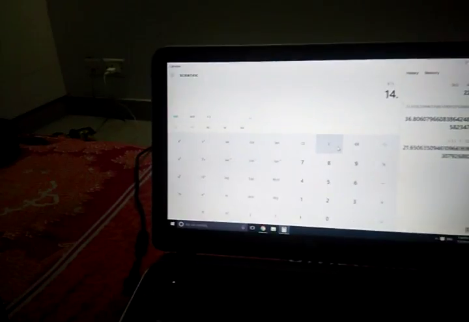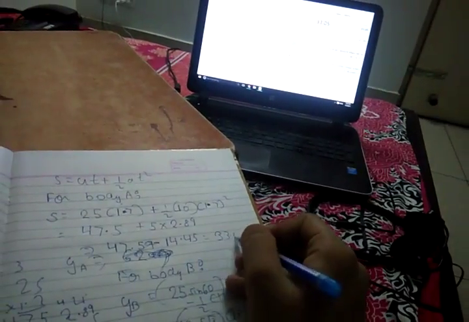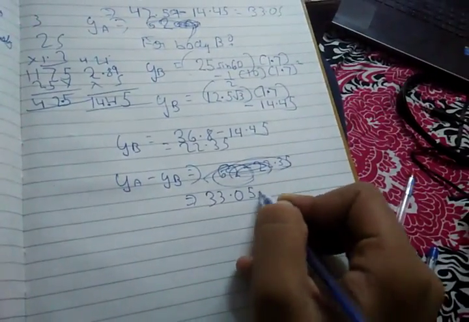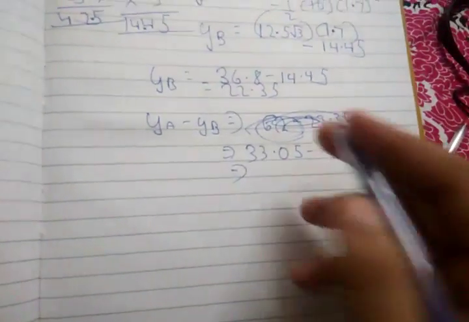So let me write it, 47.5, 33.05 it gives us. So we will just simply do 33.05 minus 22.35, and that would give us 10.7. The answer is 10.7.